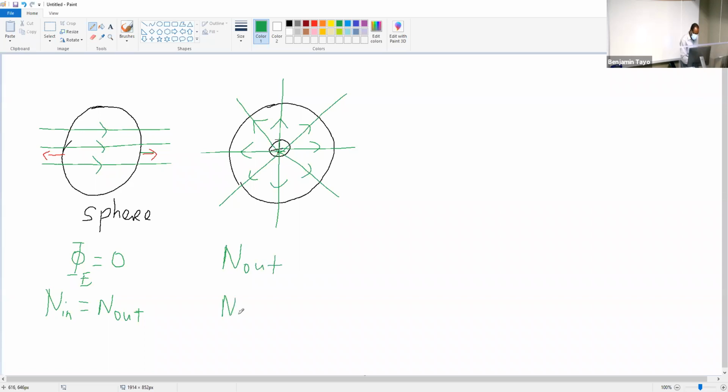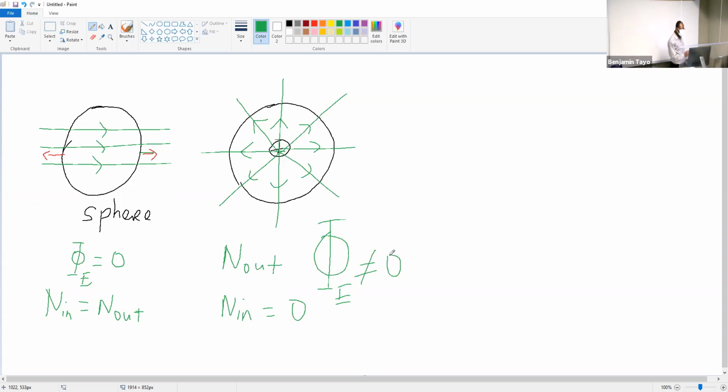The number of field lines coming in is actually zero. Do you see that there are no field lines coming in, it's just going out. So in this case, when I calculate the flux, it's not going to be equal to zero. Does that make sense? Because I don't have anything coming in, I just have something going out.